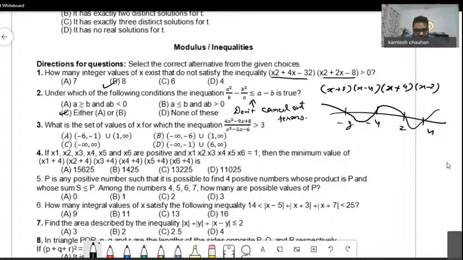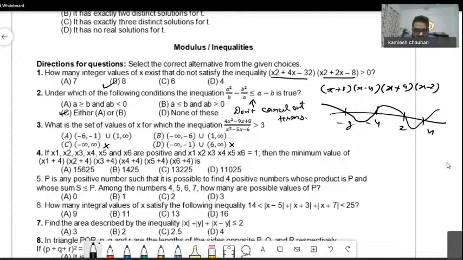If I take 0, what we'll get is 8 by minus 6, which is lesser than that. So any option that includes 0 is not our answer. Option C is ruled out, D is ruled out.